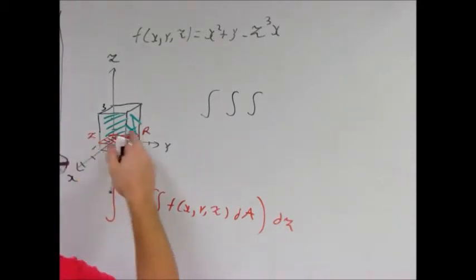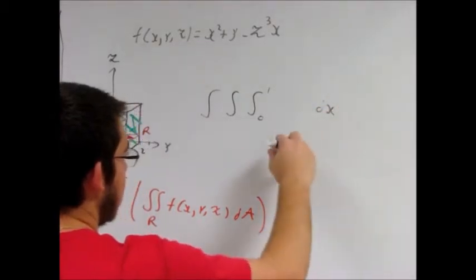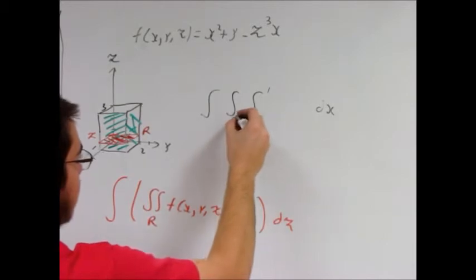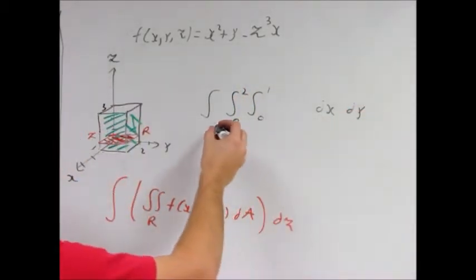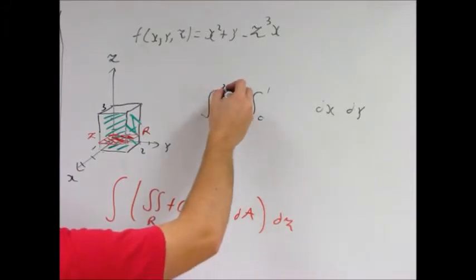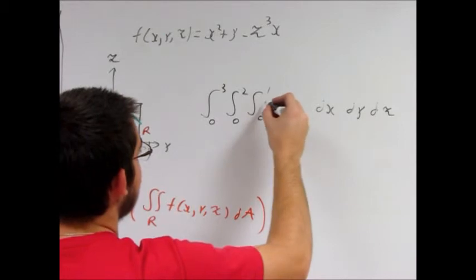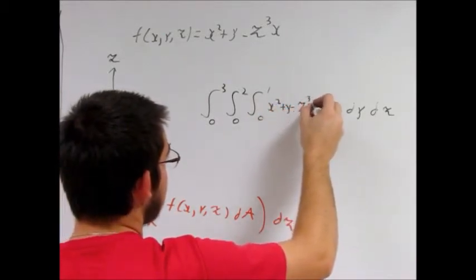It's going to be from 0 to 1 dx, and then y goes from 0 to 2, and z goes from 0 to 3. And then our function is x squared plus y minus z cubed x.